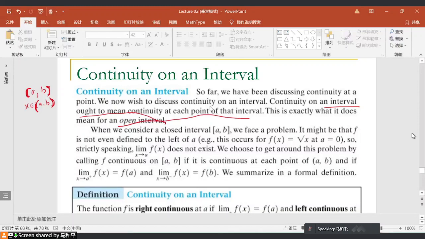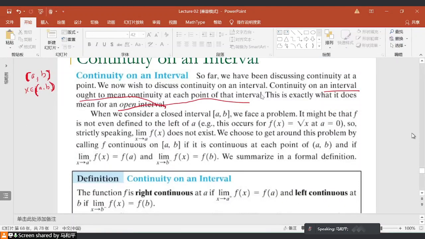If we consider a closed interval, here we face a problem. It might be that f is not even defined to the left of a. For example, this occurs for f(x) equals the square root of x. x is not defined to the left of 0, right?